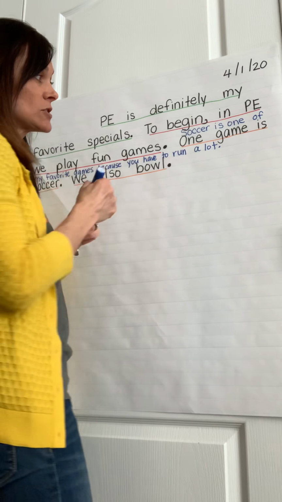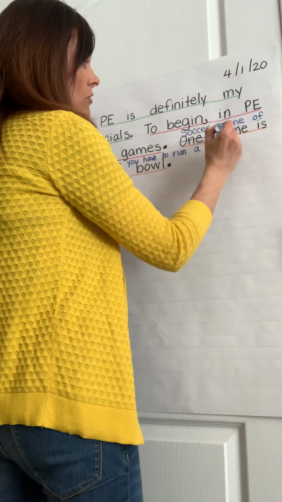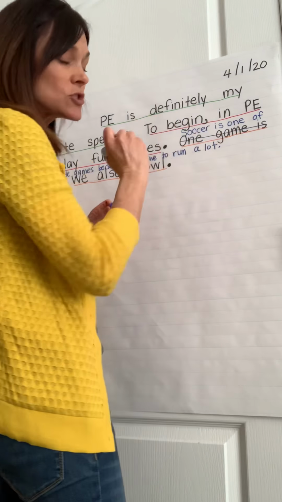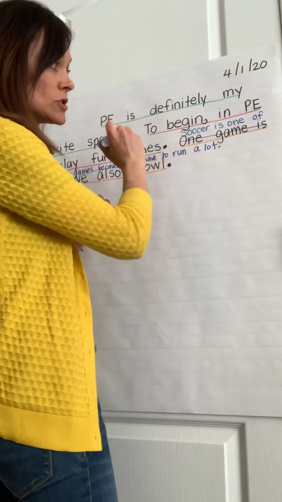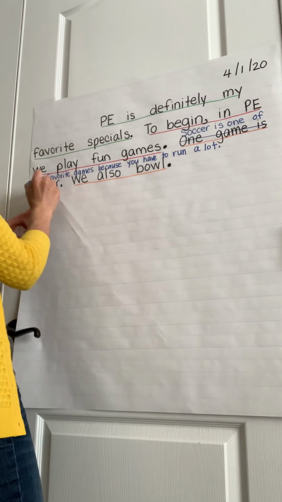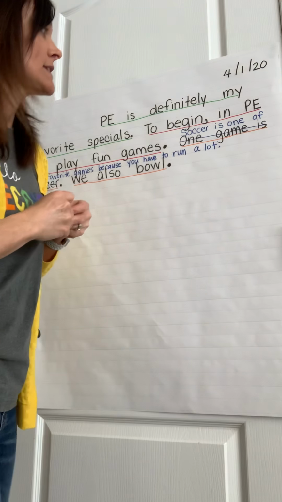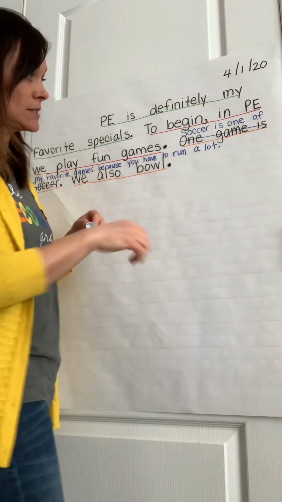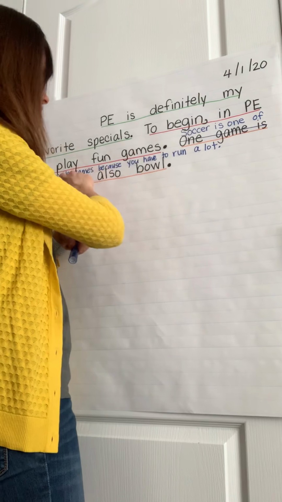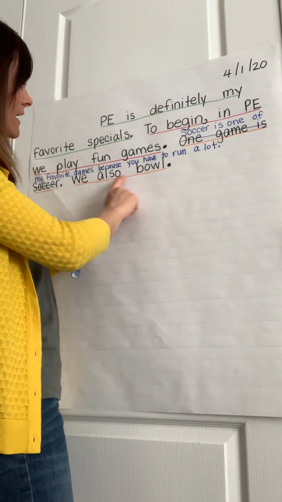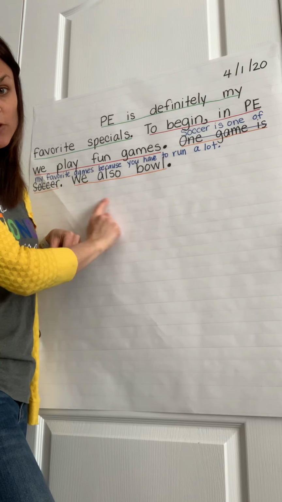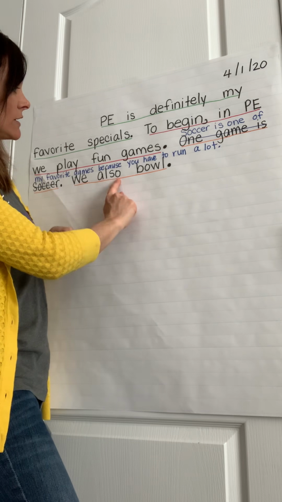That's my revision. So I'm probably going to go and cross out, just put one line. Don't scribble it all like you guys like to do. Just one line through your first big idea sentence, detail sentence, because you know you're going to use the revision one on top. Okay, I have a second detail sentence I want to revise too. We also bowl.